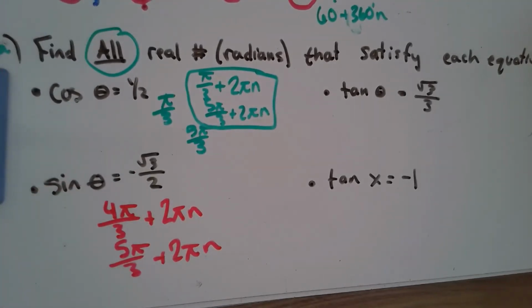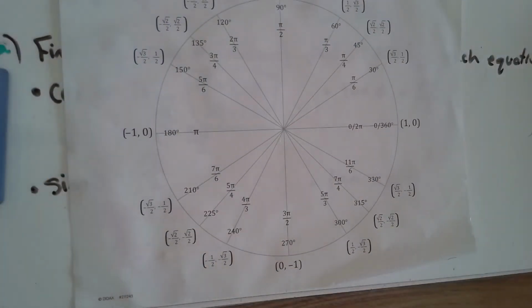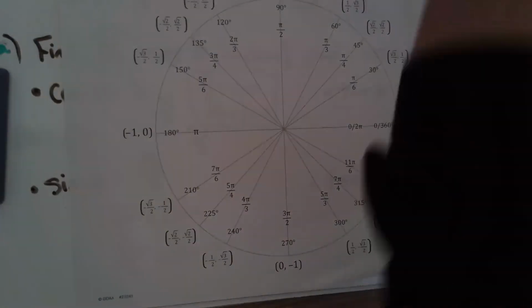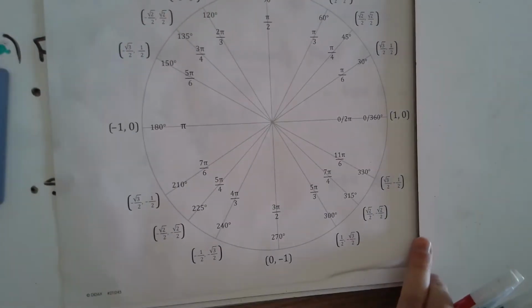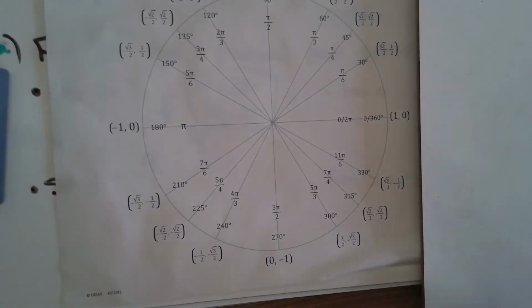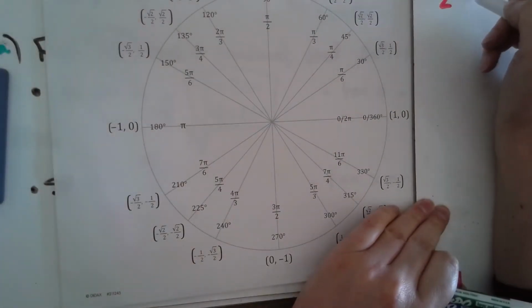Okay, so tangent theta equals square root 3 over 3. If I look at my unit circle, I actually don't have the tangents on this unit circle, but we know tangent is sine over cosine. So if I looked at pi over 6, that's 1/2 divided by square root 3 over 2.